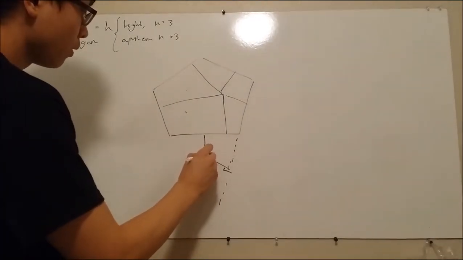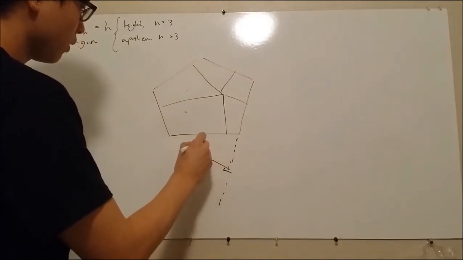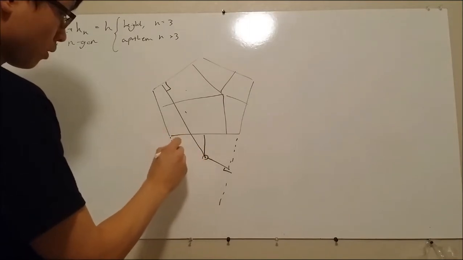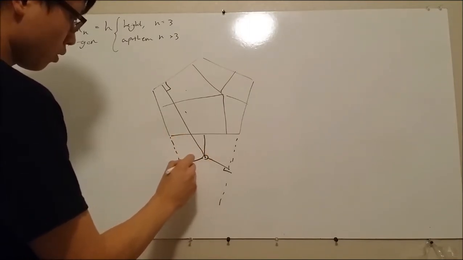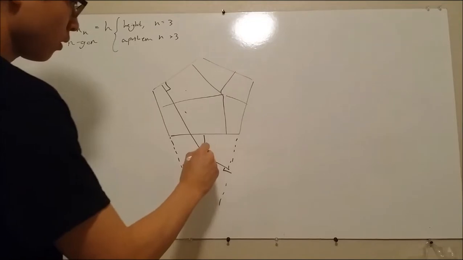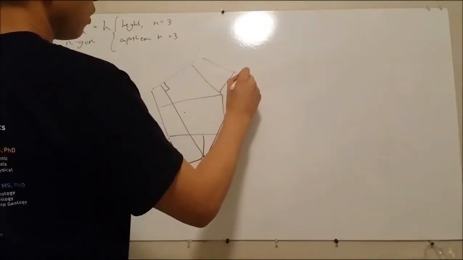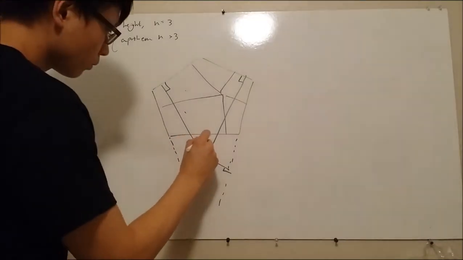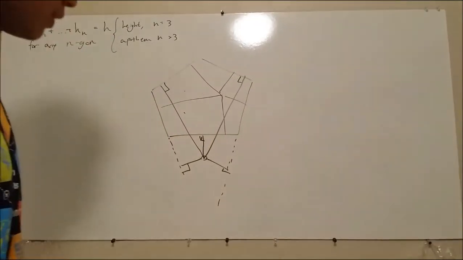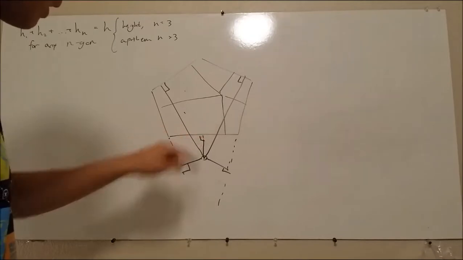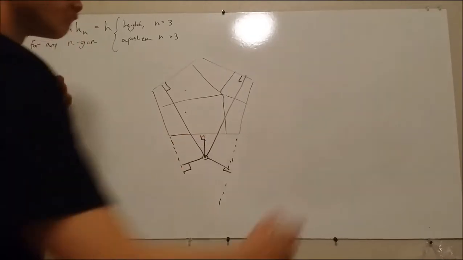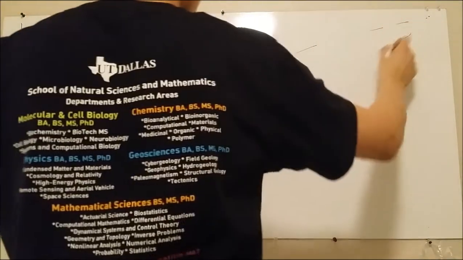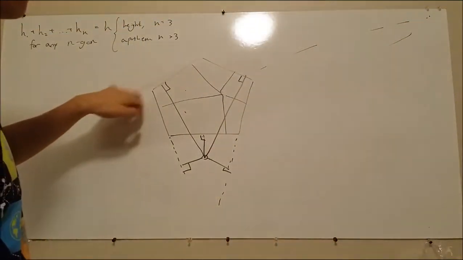And then we take this line right here. Same thing here. Draw the perpendicular to the beach line. Draw this one normally. Now, how do we take the sum of these distances? Obviously, if we put a point way up here and drew all of these distances, the sum is going to be way larger than h.